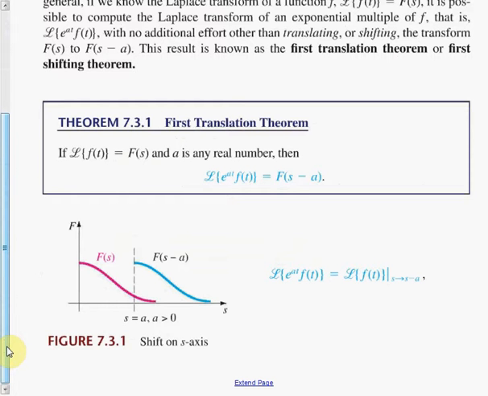Wherever you see s, just write s minus a. So there's a shift, and this particular example is for a positive, but a can be negative as well. So it could shift to the left or to the right. It doesn't matter.